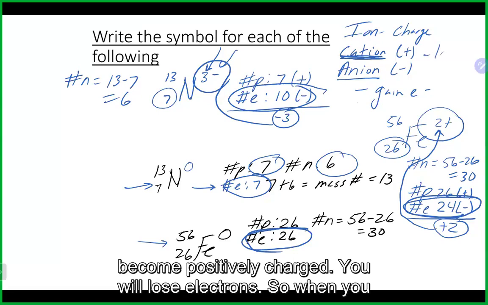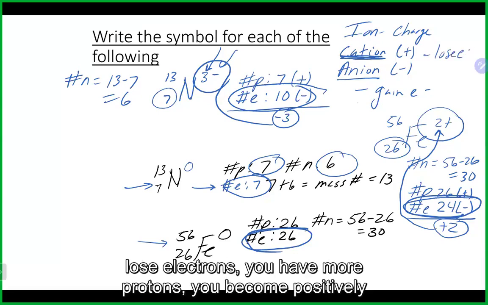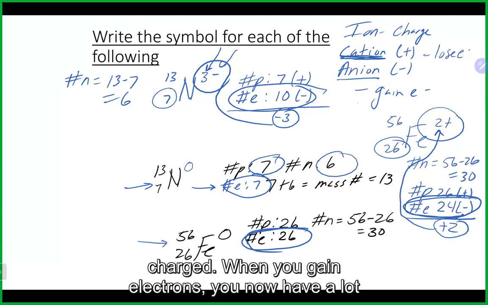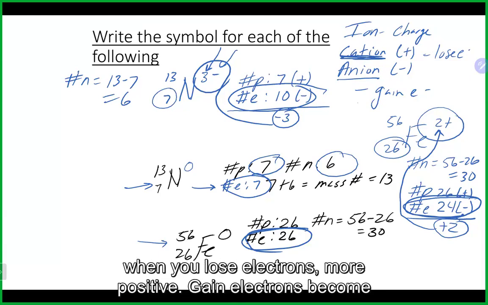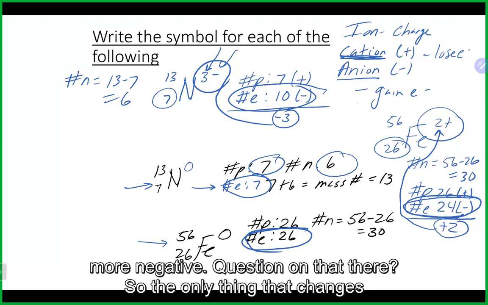When you lose electrons, you have more protons, so you become positively charged. When you gain electrons, you now have a lot more negative electrons, so you become more negative. So when you lose electrons, you become more positive; gain electrons, you become more negative.